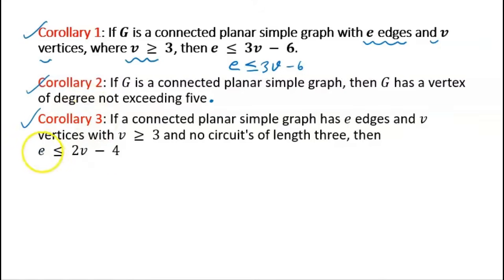And the third corollary is that if a connected planar simple graph has E edges and V vertices, with the number of vertices greater than or equal to 3 and no circuit of length 3, this is important, then E will be less than or equal to 2V minus 4.